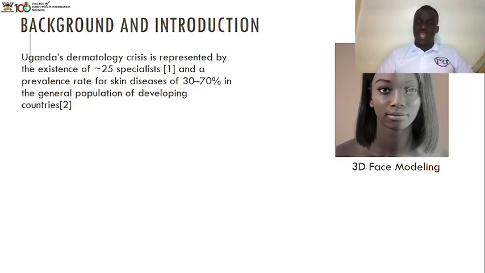First of all, let's dive into our key terms. The 3D face modeling: what is the use of the avatar? Why did we have to use the avatar? What is the use of the 3D? First of all, this one is for privacy. We are trying to promote privacy here, in a way that once someone takes a picture, we only scan out the affected area and then we put it into the avatar and we delete the image immediately, because people have taken a chance of this.